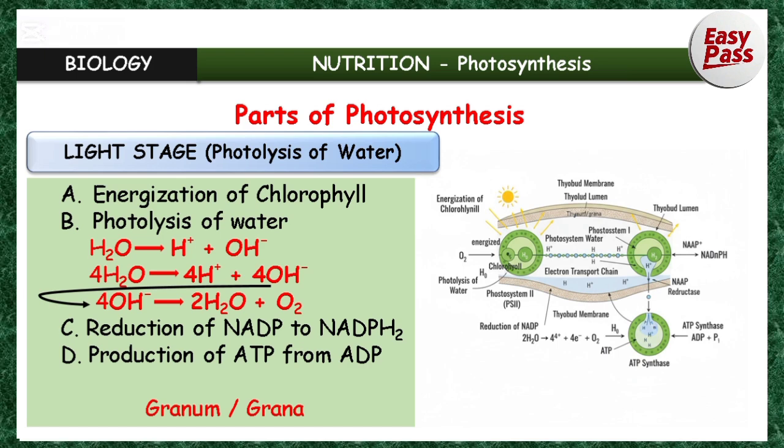But this will not just happen. Since photolysis involves the use of light energy, there must be light coming in to help in the breaking down of water. So the light stage reaction itself is divided into four main parts.